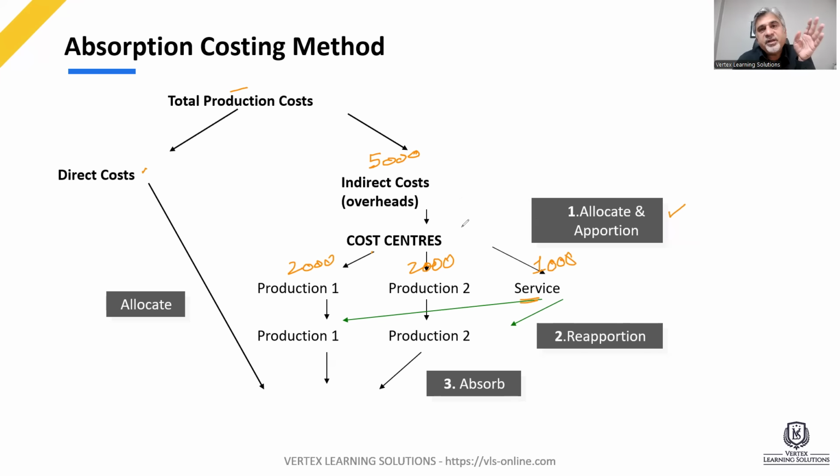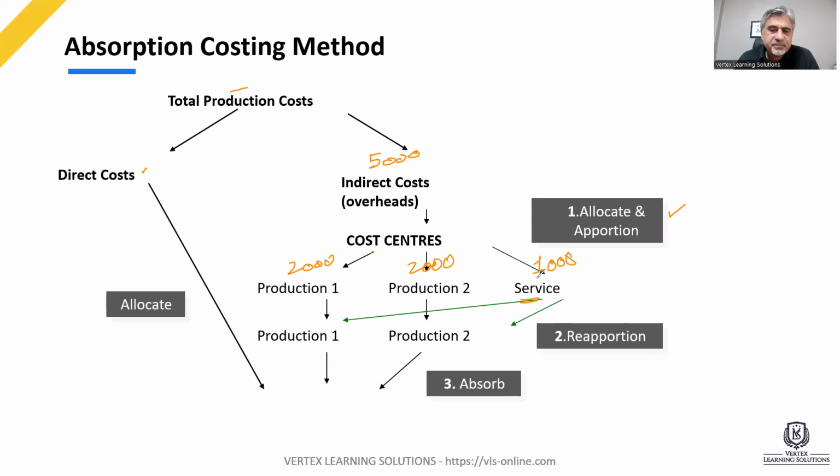No. The only way to recover money from the customer is to add that cost into the cost of the product. So the cost which you incur, you add it into the cost of the unit. And when the customer pays for the product, it actually is paying your cost.